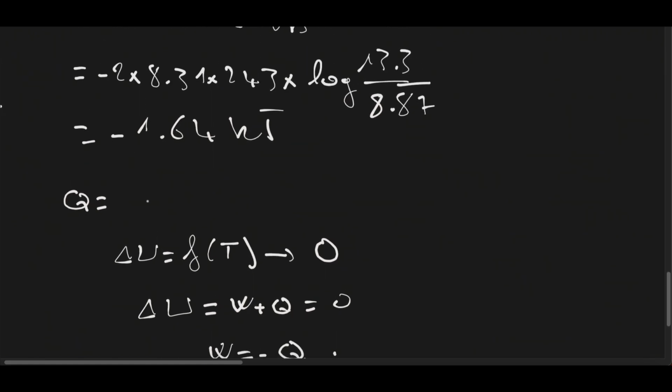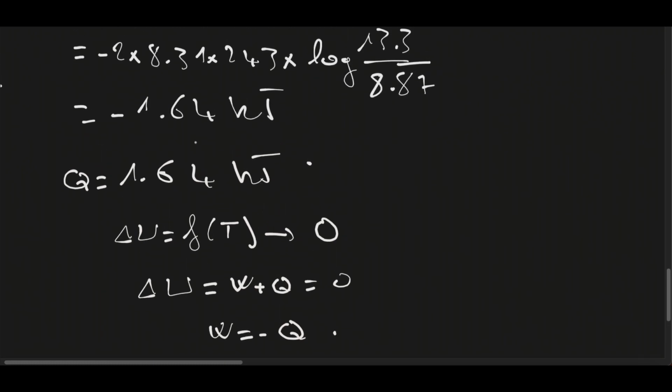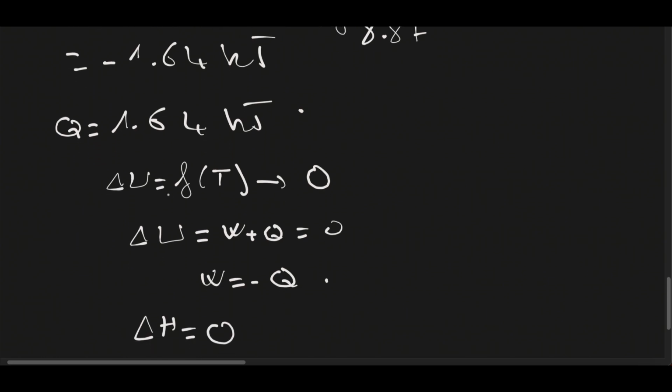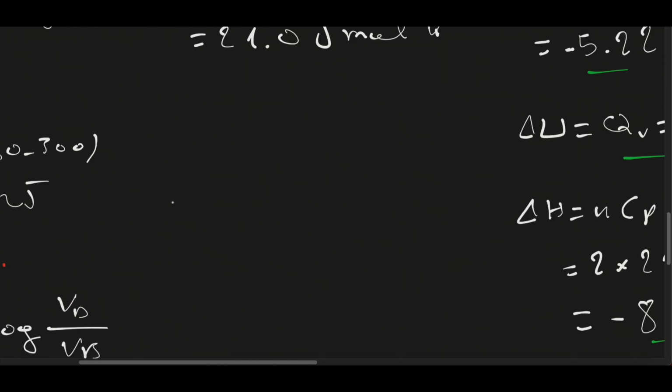Therefore here it will be equal to 1.64 kilojoules. And the same thing here for the enthalpy, it depends only on the change in temperature, so it will be 0. There are the two values, 1.64 and minus 1.64 for the work.